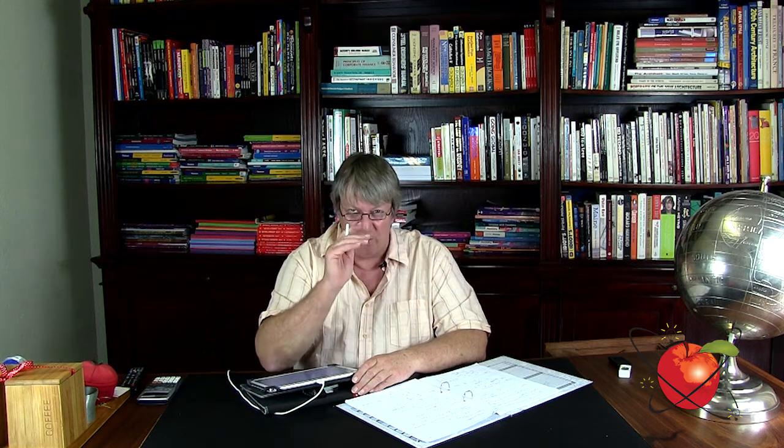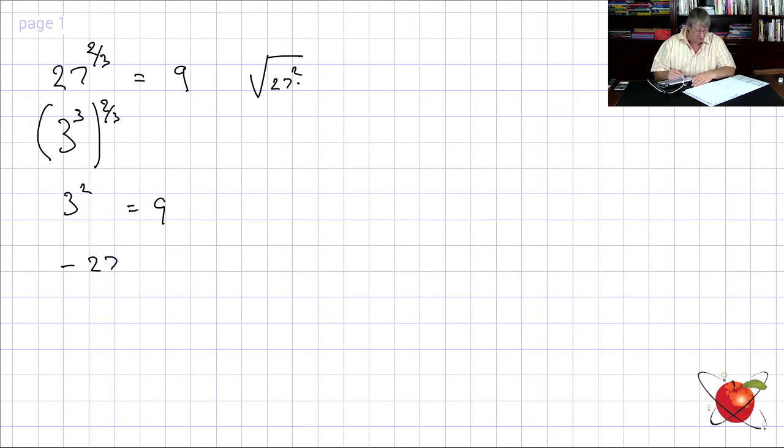But now, be careful. I just want to do this one, so be careful. Because people put into the calculator minus 27 to the power of 2/3. The calculator gives you minus 9.